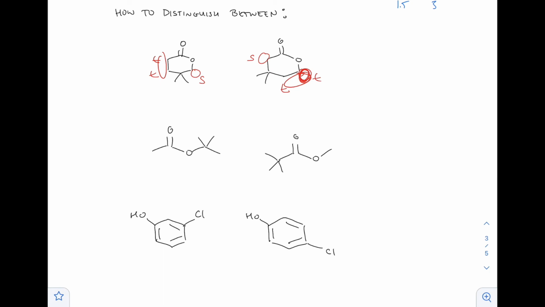Okay, so same thing applies here. This is 9 hydrogens, right? This is a singlet, but there's 9 hydrogens here, and it's also a singlet. Just the location of that singlet is going to be different, right? This should be more downfield because it's next to that oxygen, okay?